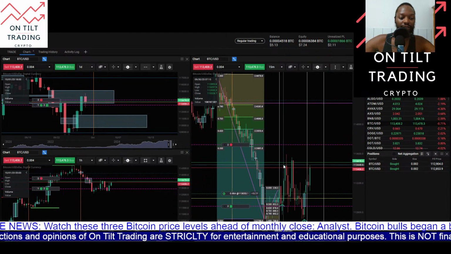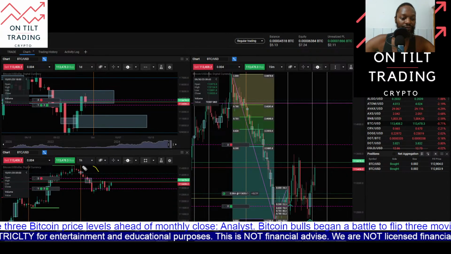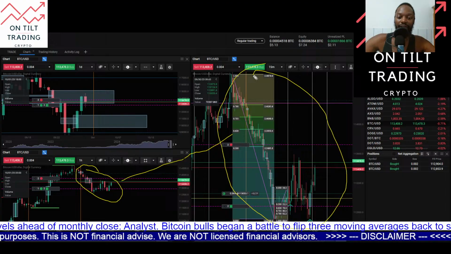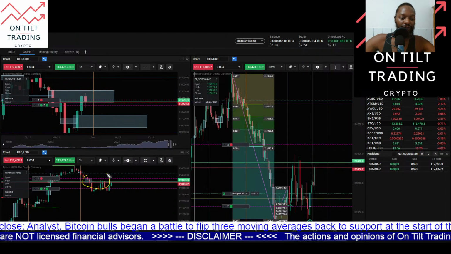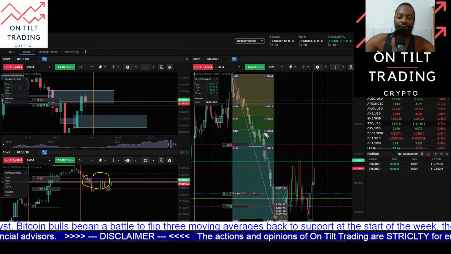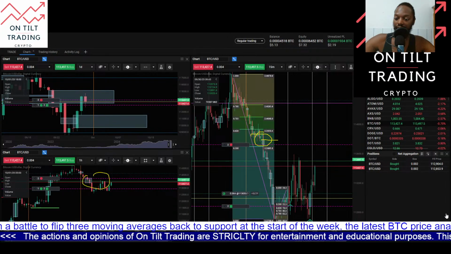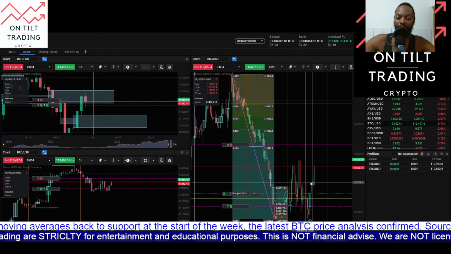And then this area here is equivalent to this area here on the 15-minute. And this fair value gap that I'm targeting here is this gap right here. This is the fair value gap I want to target for an entry.